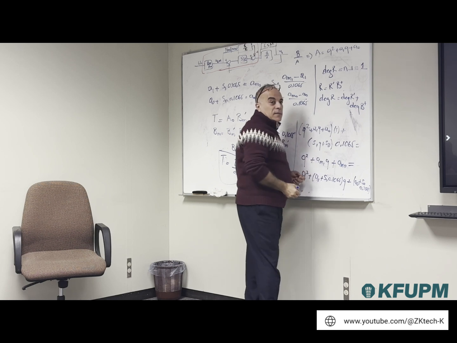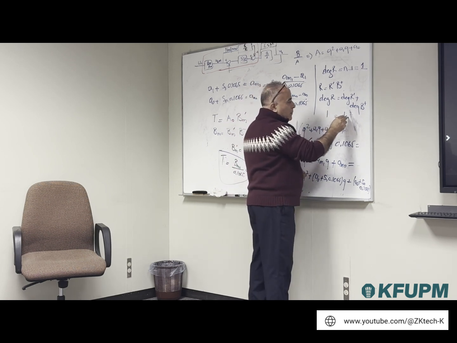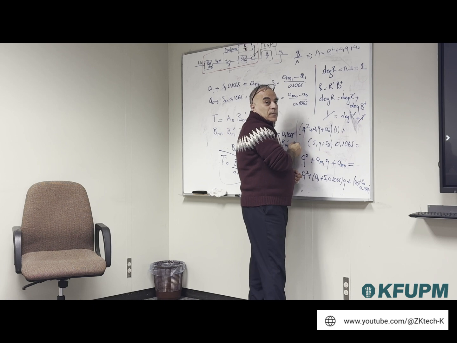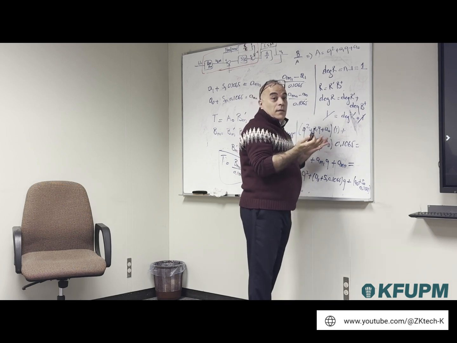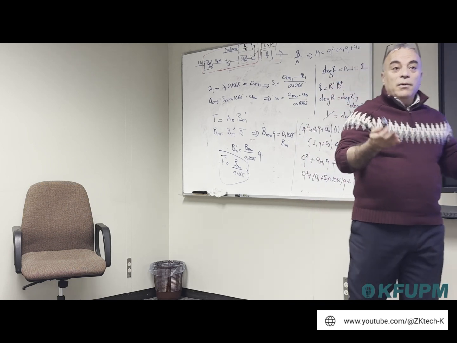What's the degree of B plus? 1. So 1 equals the degree of R prime plus 1, which means that the degree of R prime is 0. So it is a constant. Why did we select it equal to 1? Monic. Monic polynomial.